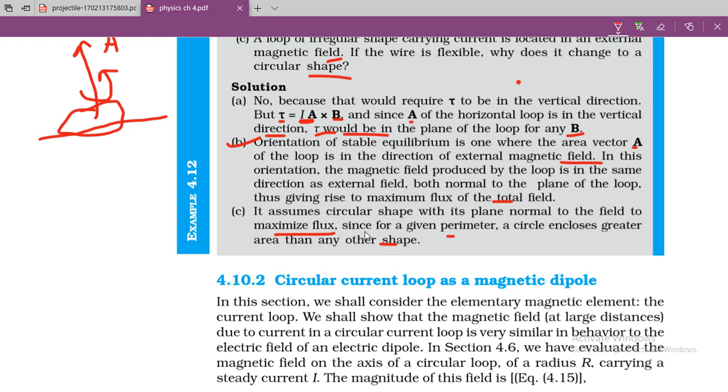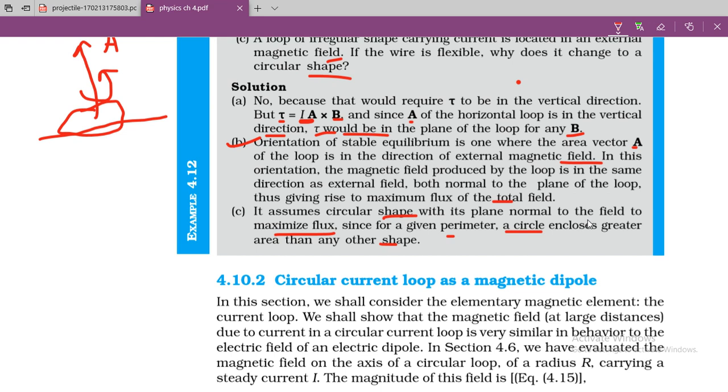So for the maximum flux, this irregular loop takes the shape of a circle, because in that case there must be maximum flux as compared to any other shape for a given perimeter.